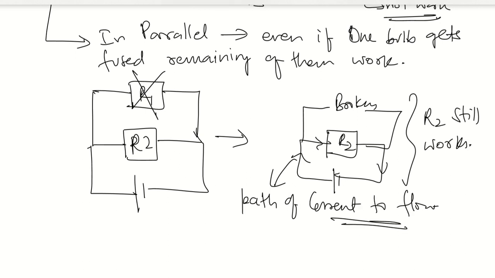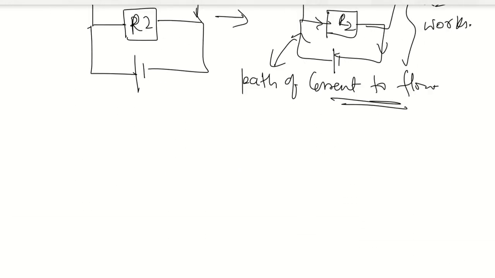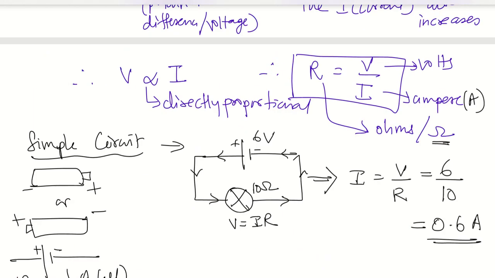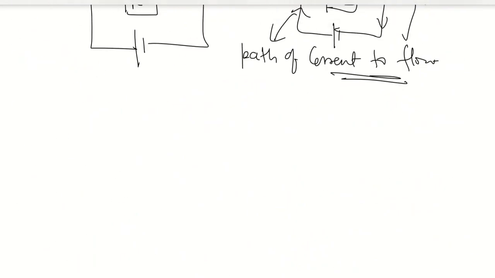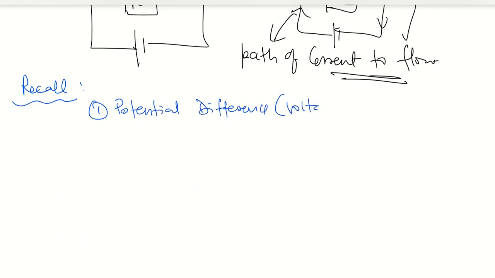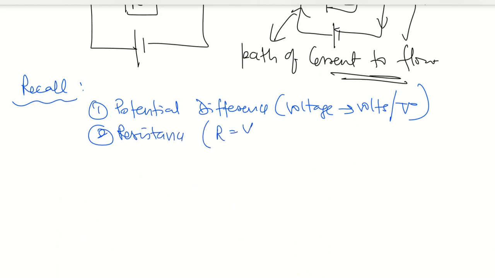Make sense? So this was about your current electricity and the circuit that you have studied. So just remember, for recall purposes, certain things here. What did you study now in this one? You studied the potential difference, which is the voltage measured in volts or V. Then you also saw resistance, which was your R equal to V upon I, and the unit is ohms.